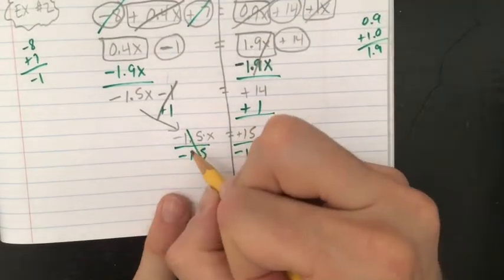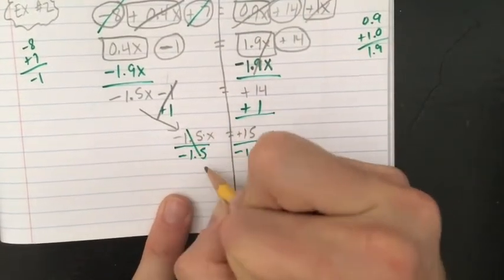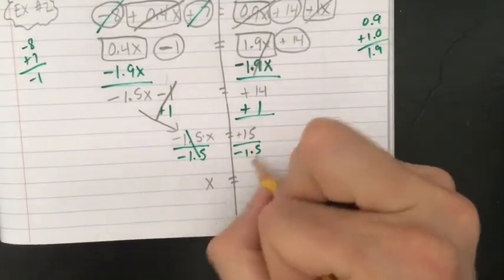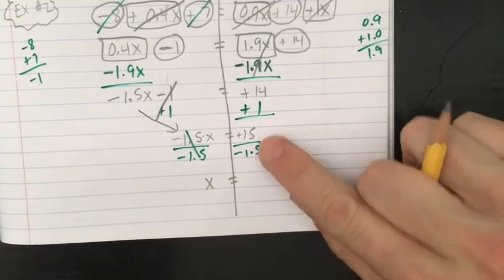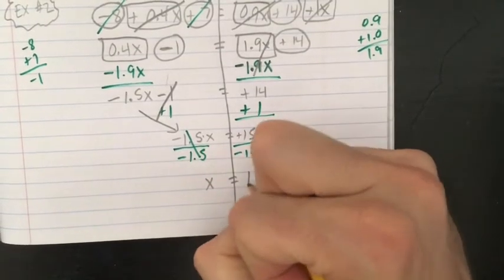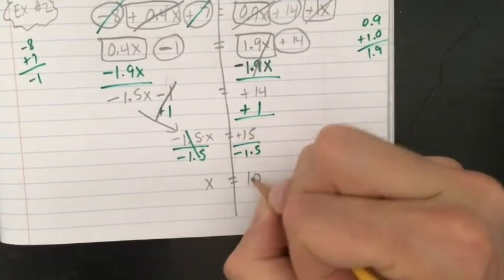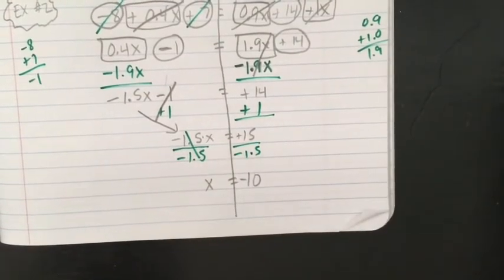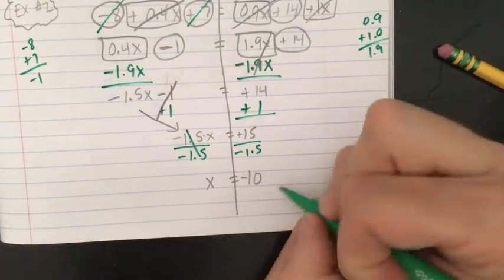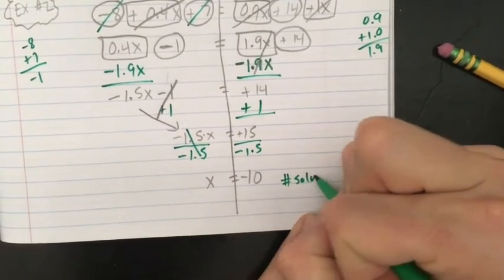So negative 1.5 divided by negative 1.5 just makes 1x. And then this math here, I would just put 15 divided by negative 1.5 in my calculator. That should give you 10, and it's negative, okay?